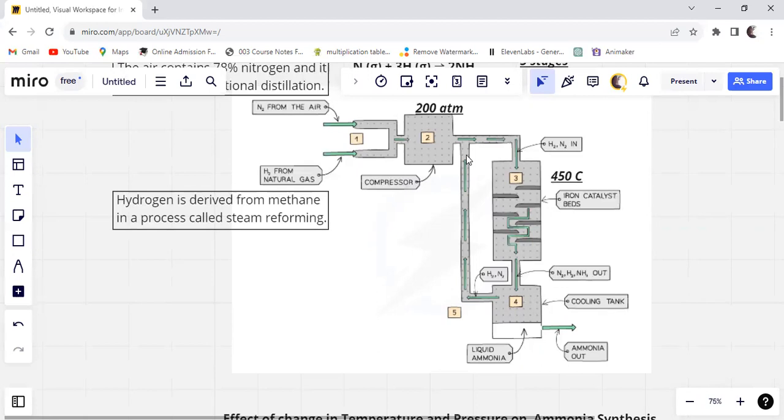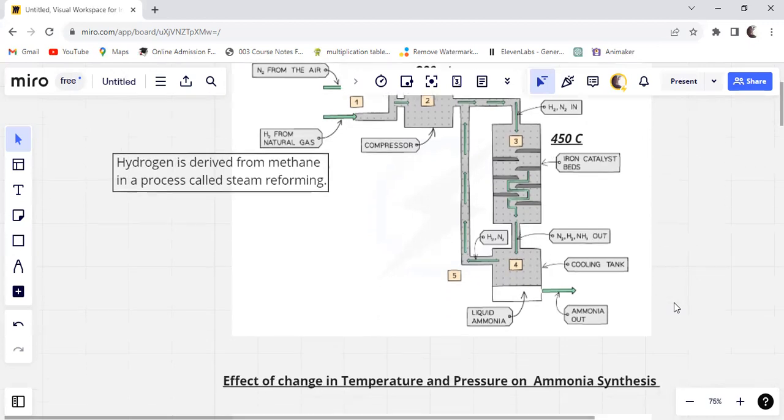You can see how ammonia is produced and the reaction conditions that are maintained in the Haber process: 200 atmospheric pressure, 450 degrees Celsius temperature, and an iron catalyst used to speed up the rate of reaction for the production of ammonia.